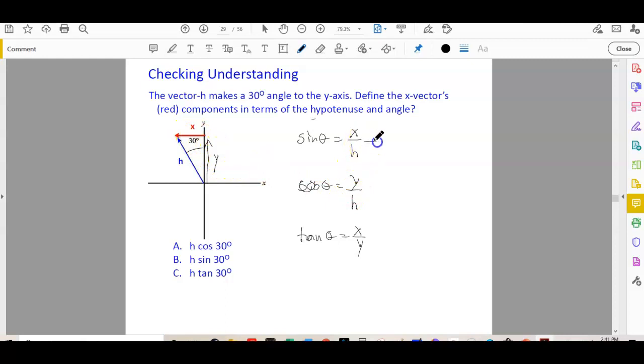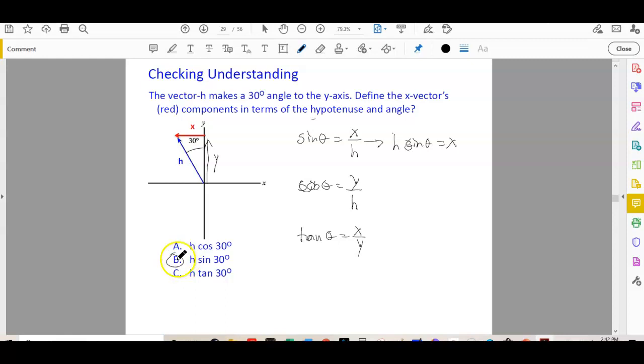A pattern is emerging, right? So to get x, you multiply both sides by h, h sine of 30 degrees, and that is x. So this is the answer.